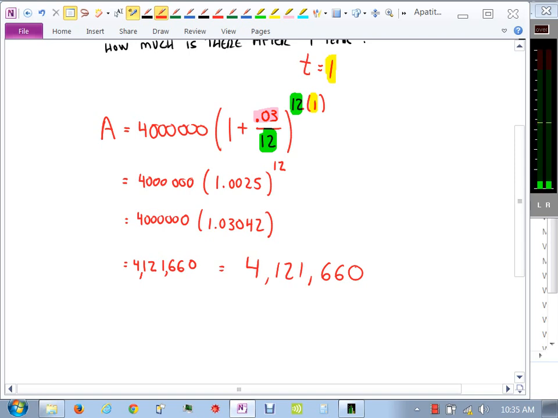So what does that tell you? After 1 year, how much money does this person earn in 1 year? $121,000 for just sitting on the money.